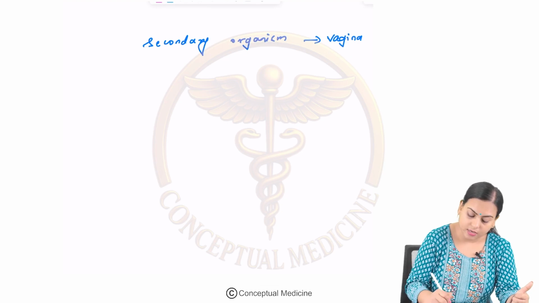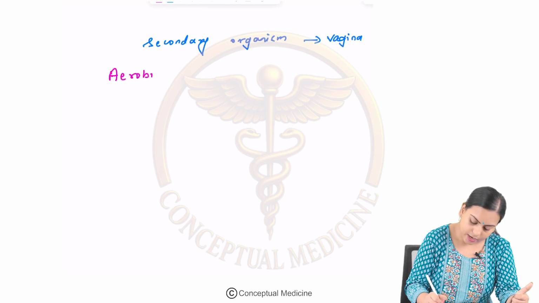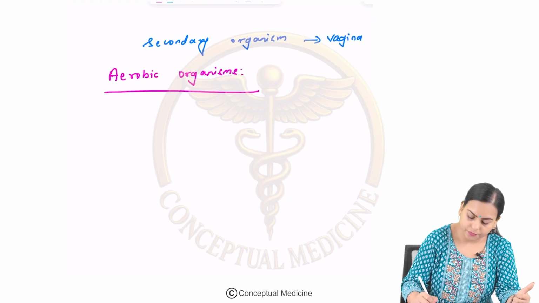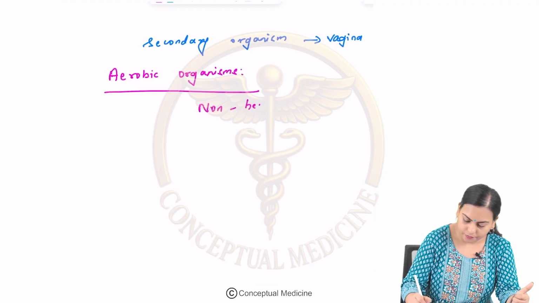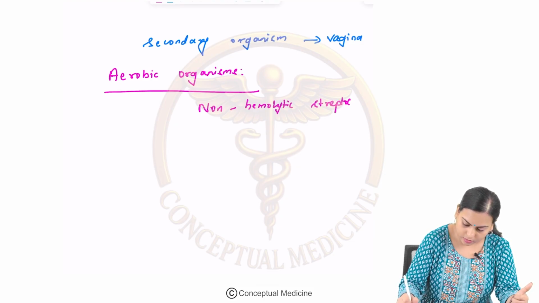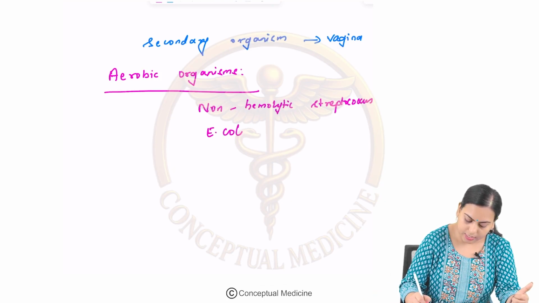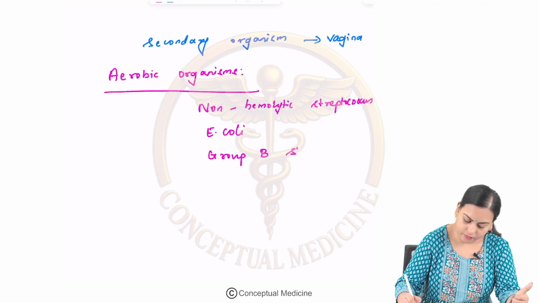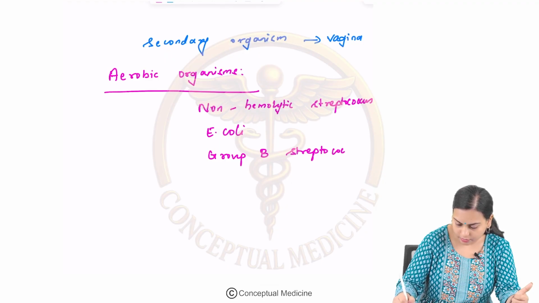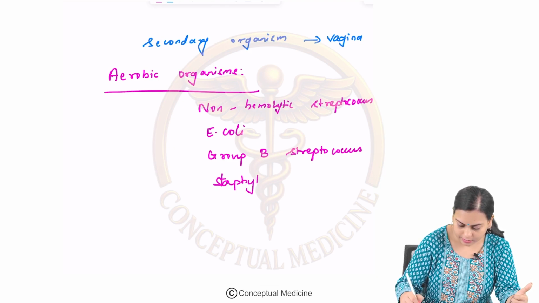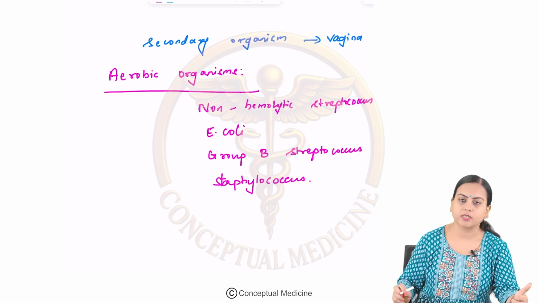The aerobic organisms include non-hemolytic Streptococcus, E. coli, Group B Streptococcus, and finally it can also be Staphylococcus.